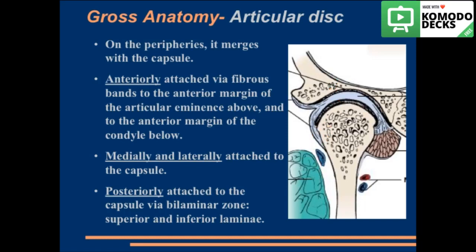Medially and laterally, as we said, it is attached to the capsule. Posteriorly, it is attached also to the capsule by a bilaminar zone composed of a retrodiscal lamina called the superior and inferior lamina.